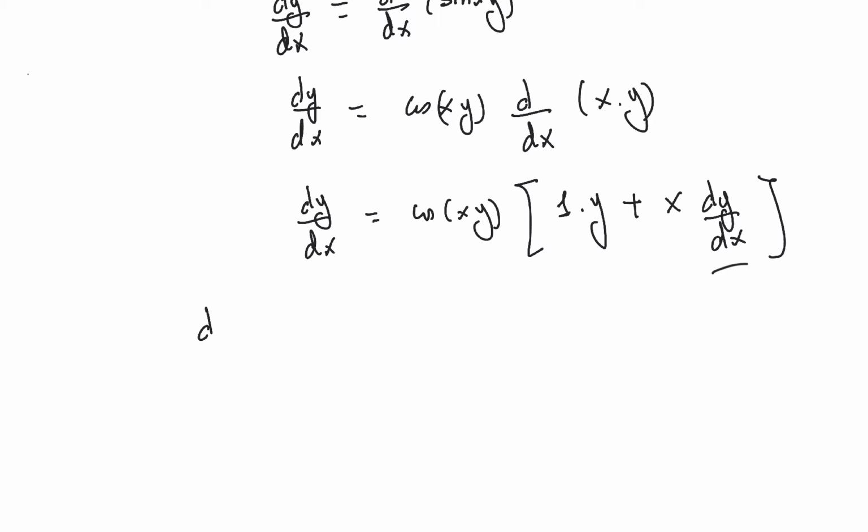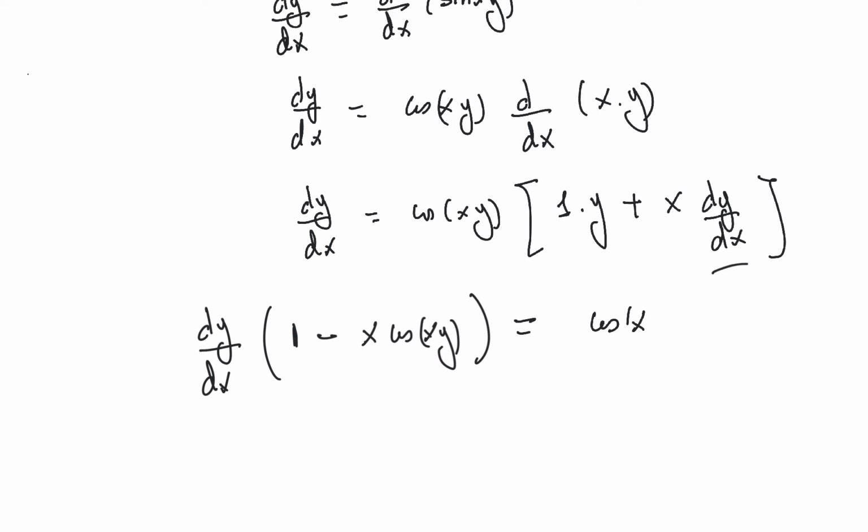So the derivative of y with respect to x multiplied by 1 minus x cosine of xy is equal to cosine of xy multiplied by y.